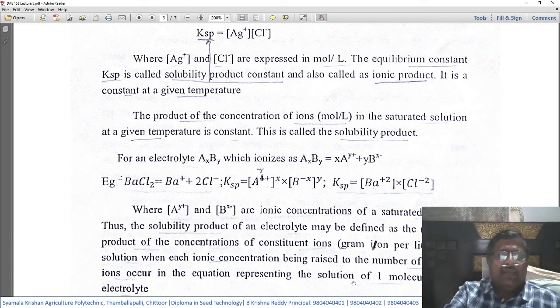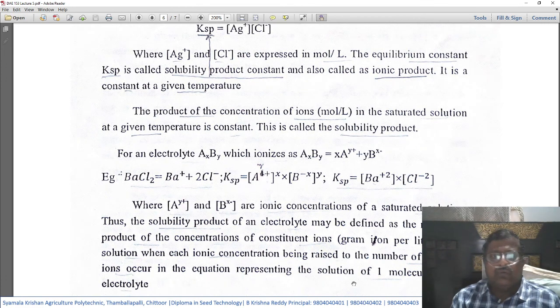Here A^(y+) and B^(x-) are the ionic concentrations of a saturated solution.